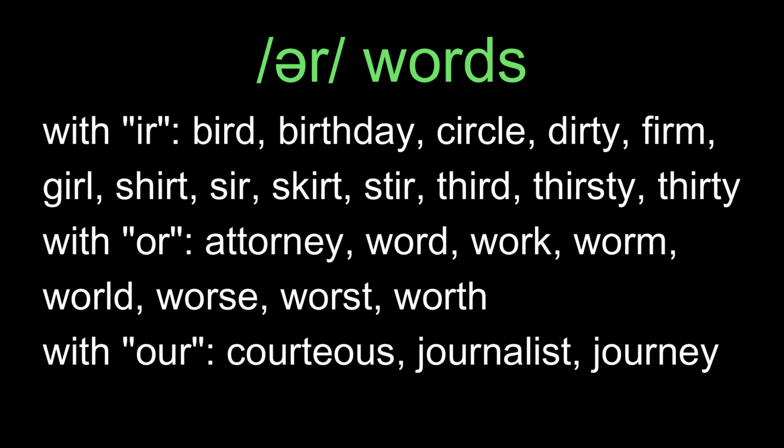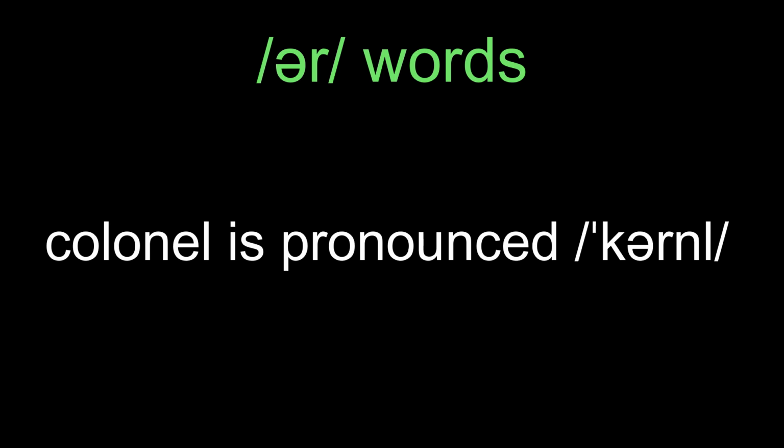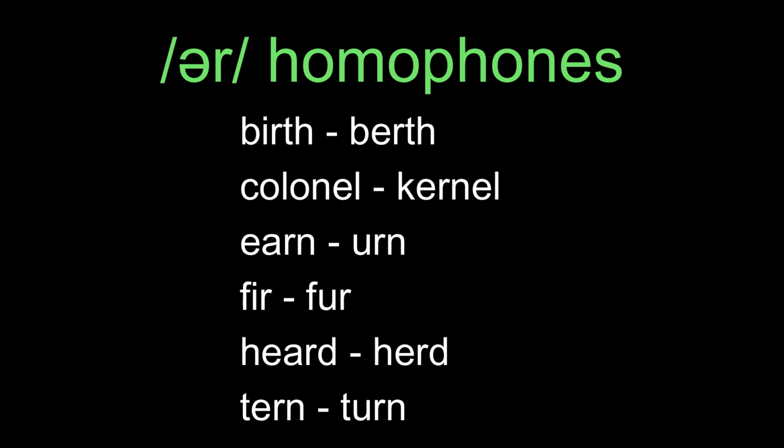With OUR: courteous, journalist, journey. Kernel. The word kernel also has the R-colored vowel as it is pronounced kernel. These words are homophones. Birth, berth, kernel, colonel, earn, urn, fur, fir, heard, herd, turn, tern.